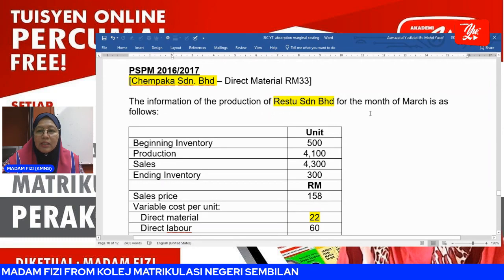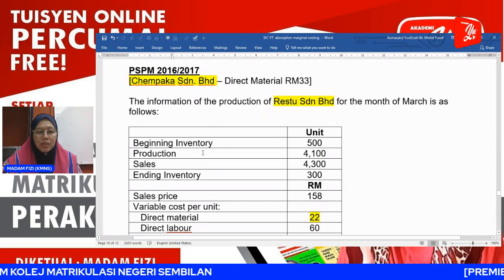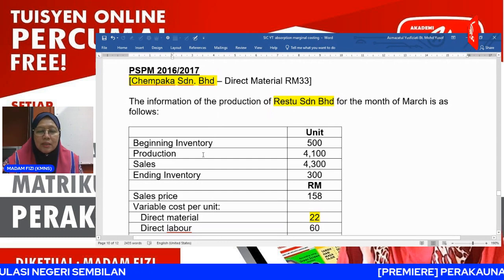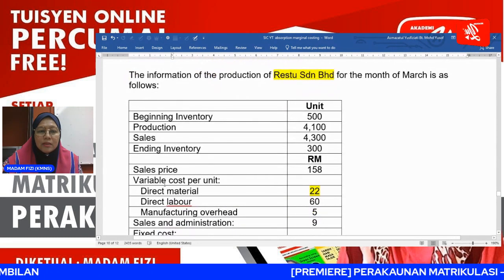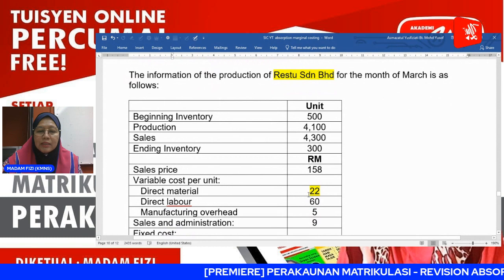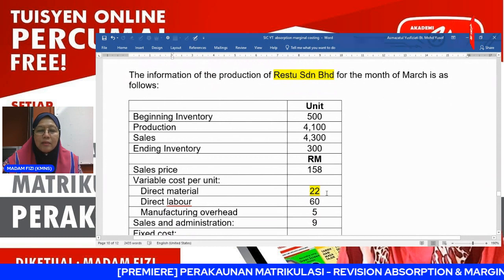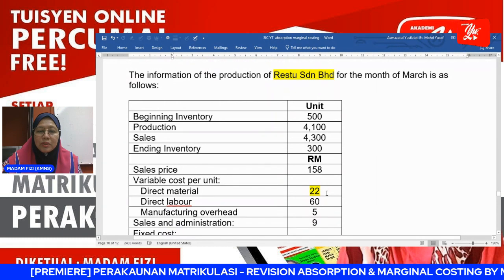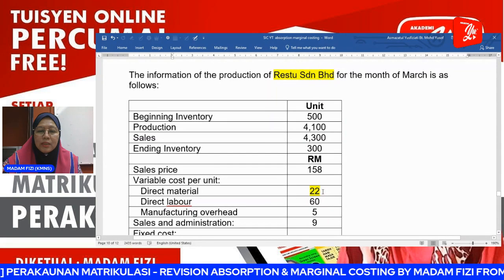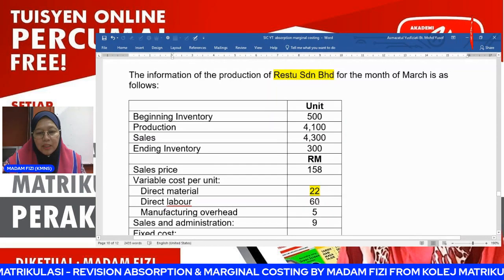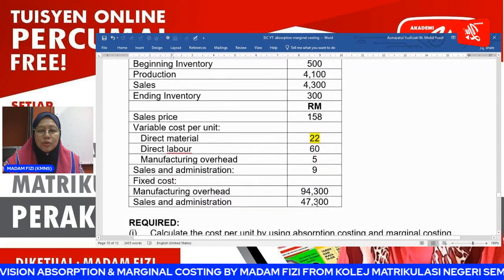For the month of March is as follows. Okay, and then kita pun tukar direct material, soalan asal adalah RM33, but in this question of Restu Sdn Bhd kita tukar jadi RM22. Okay, anyhow, just try to solve the problem.